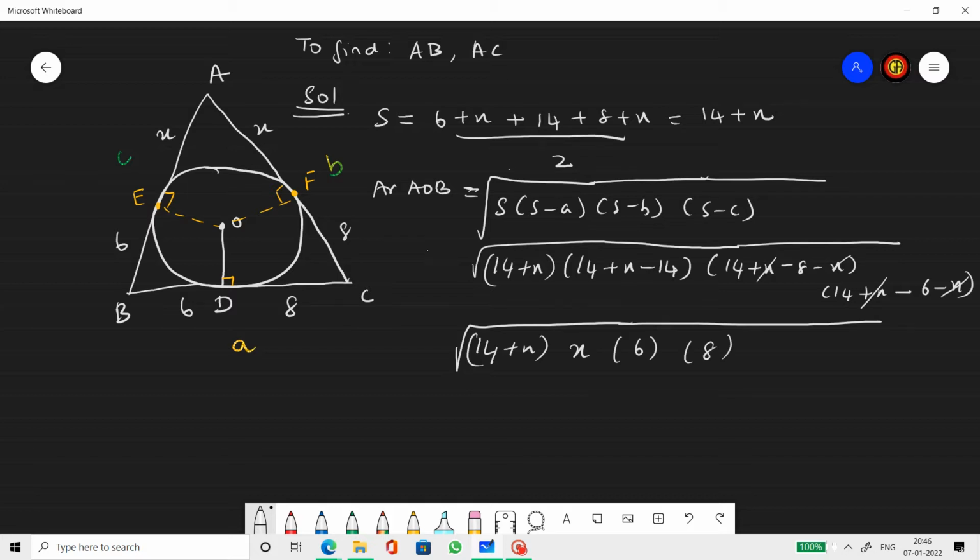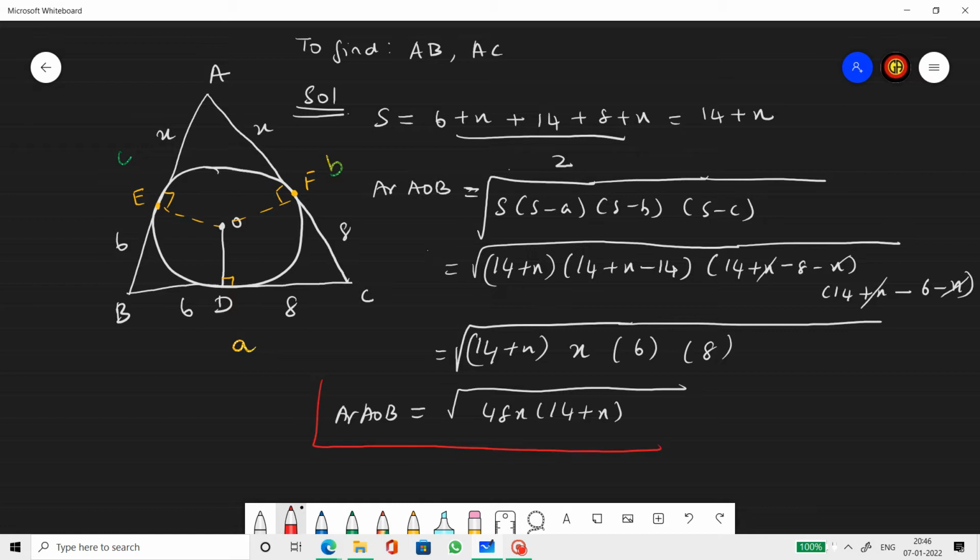So therefore this will become root over 48X into 14 plus X, which is the area of ABC. So let's keep this as it is.